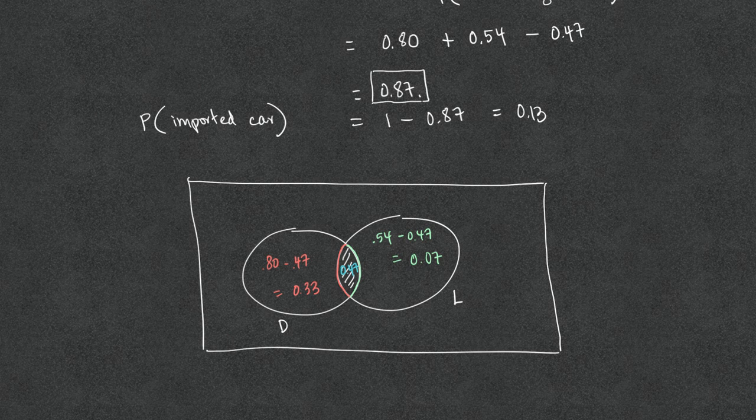And then we label the number for the intersection, and then the number for the third piece, and so on. The probability that A or B, or in this case domestic or light truck, is something that is in A, something that is in B, or in both. Earlier we had to subtract 0.47 because if we were to take 80 plus 54, we counted the intersection twice.